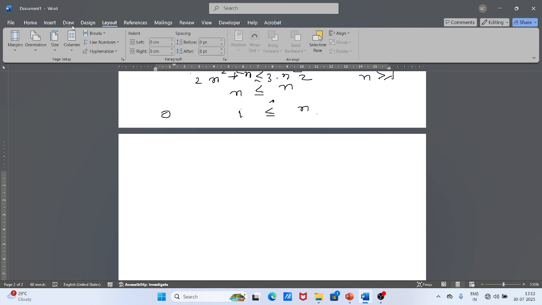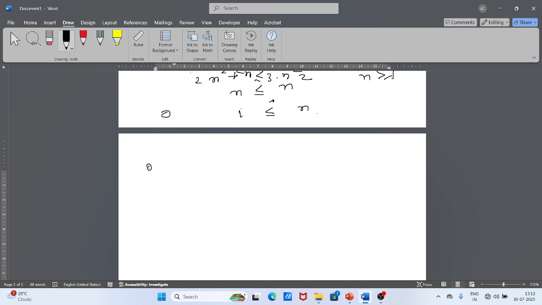Order of constant is less than order of log n, and this is less than order of n to the power half, and also it's less than order of n. It is less than order of n log n.